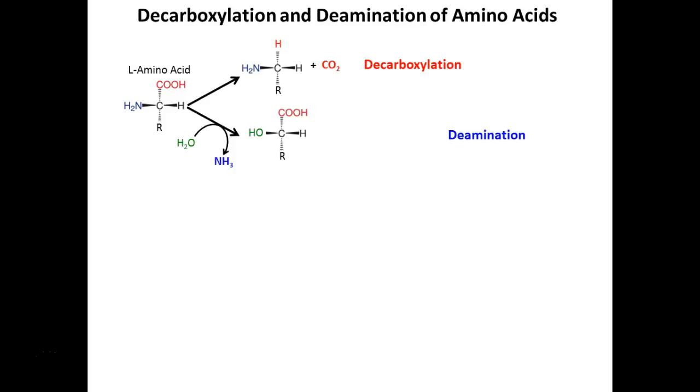Right. So one of their choices is they can remove stuff from amino acids. They can decarboxylate them, or they can deaminate them. They remove the amino group. So some of them will choose to do that instead.